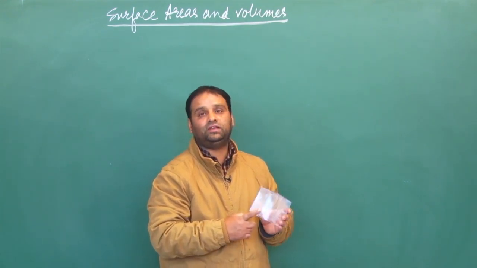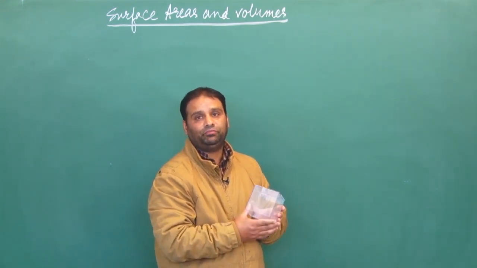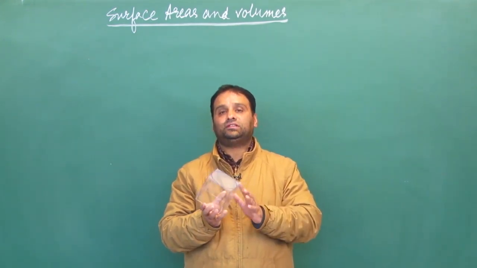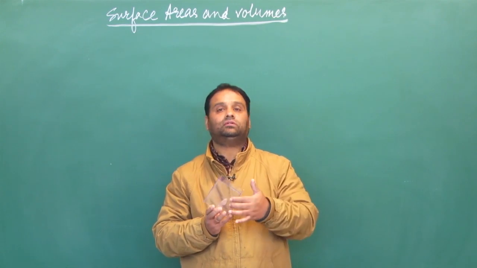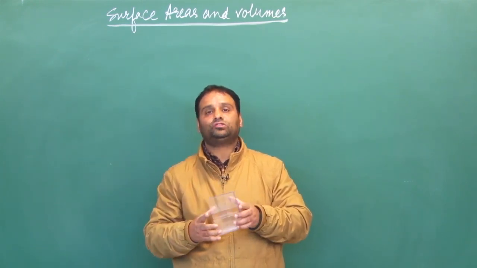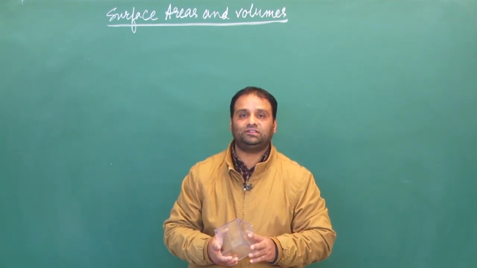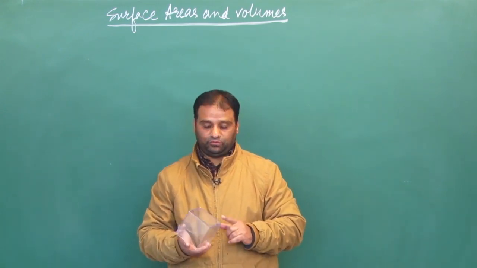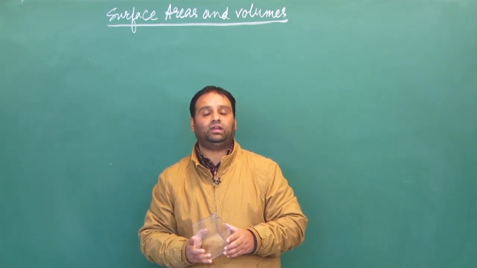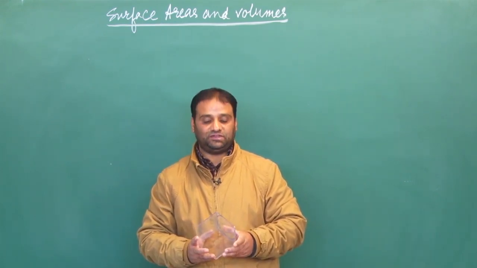These are called the faces of the cube or cuboid, and you can see there are 4 surfaces side to side and 2 surfaces from top and bottom. So in all we have 6 surfaces for cube and cuboid. For cube we have 6 square surfaces, and for cuboid we have 6 rectangular surfaces.